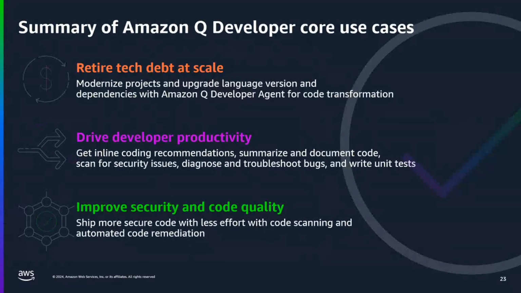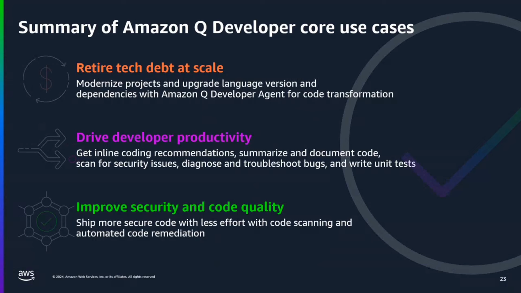In summary, if you look at Amazon Q Developer, it has a very broad set of use cases. If I have to summarize the key use cases, the first is that you can leverage Q Developer features such as the developer agent and Q code transformation in order to minimize or in fact retire technical debt at scale. If you have thousands of applications, you can leverage Q Developer to upgrade and retire technical debt.